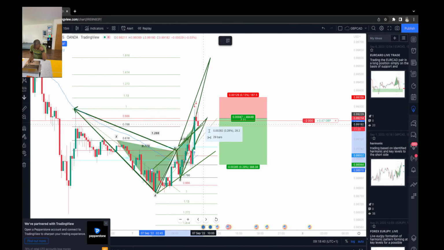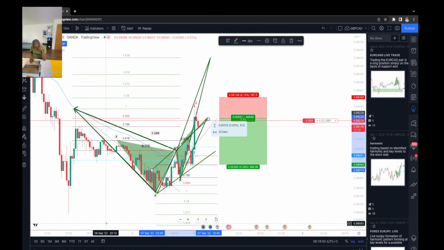Well, that channel has been broken anyway. But it could either go back into the channel, so it might just be a false breakout from the channel, or go right back up, but who knows.